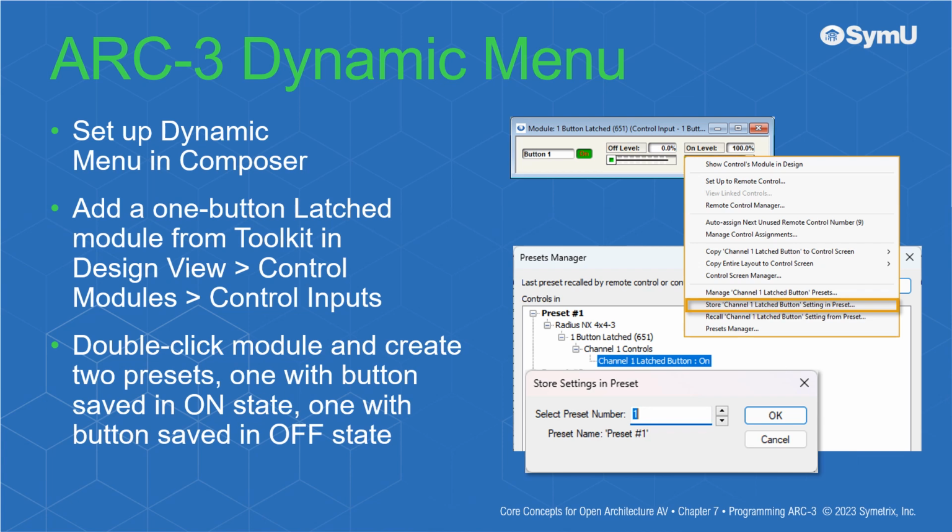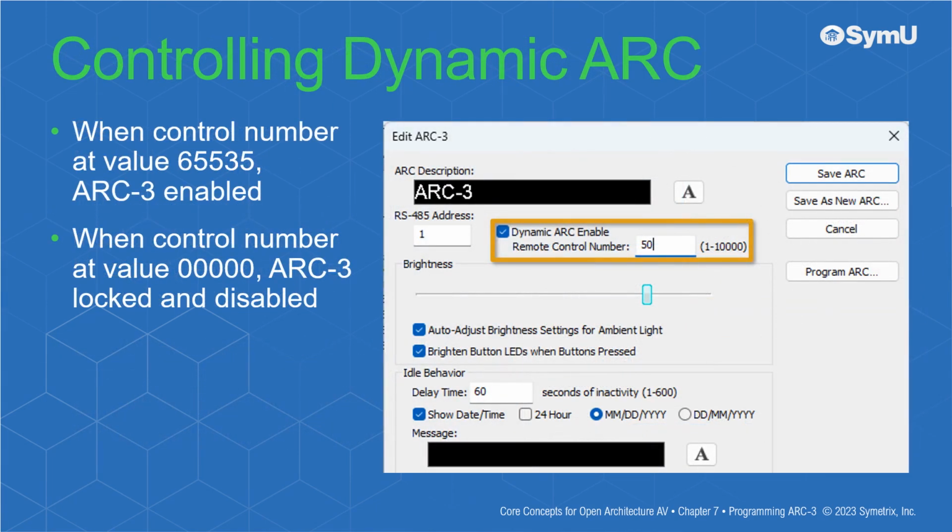Double-click the module and create two presets, one with the button saved in the on state, and one with the button saved in the off state. When that control number is at a value of 65535, the ARC-3 will be enabled. When the control number is at a value of 00000, the ARC-3 will be locked and disabled.